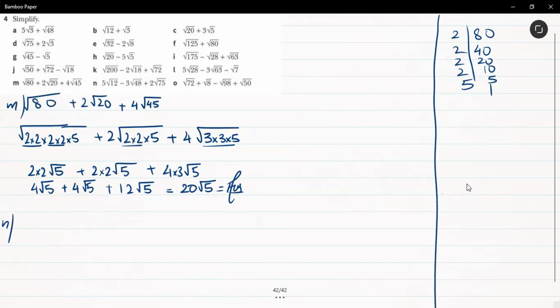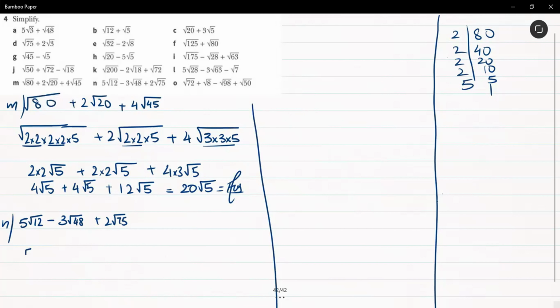For part N, what is part N? We have 5 under root 12 minus 3 under root 48 plus 2 under root 75. Okay, so what is under root 12?